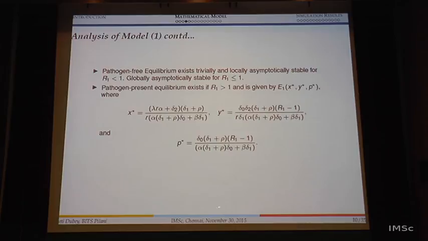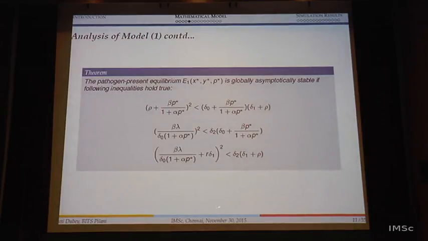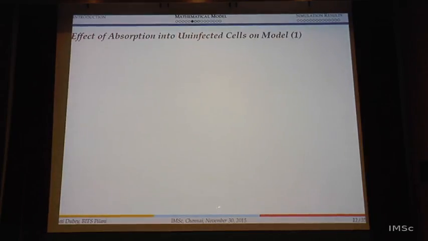From the global stability we can infer that the infection will not depend on the initial size of the subpopulation. This is again stability analysis, I am just going to skip that.